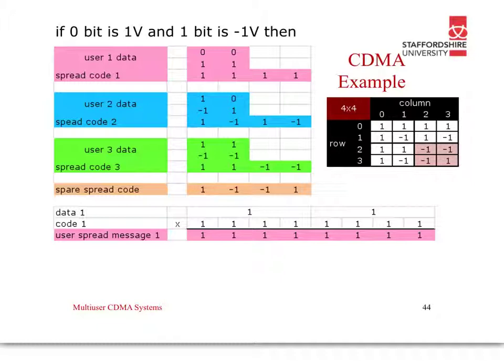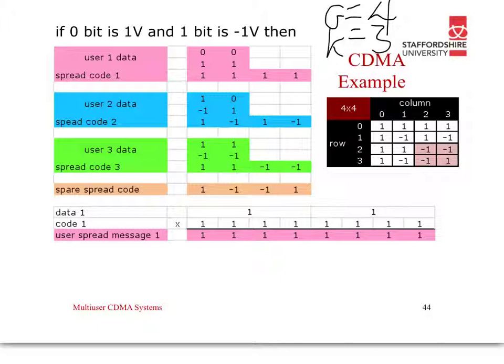So, data from user 1. We're transmitting 1. So we have this first data bit, and then we're going to multiply it by the 4 bits. In this case, our G equals 4 and our K equals 3. So we've got K users and our spreading gain is 4.